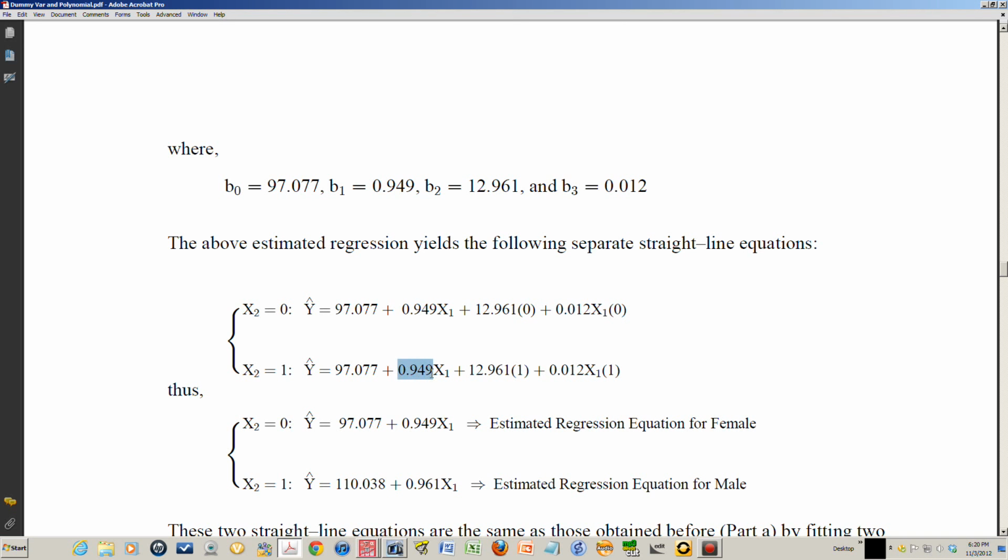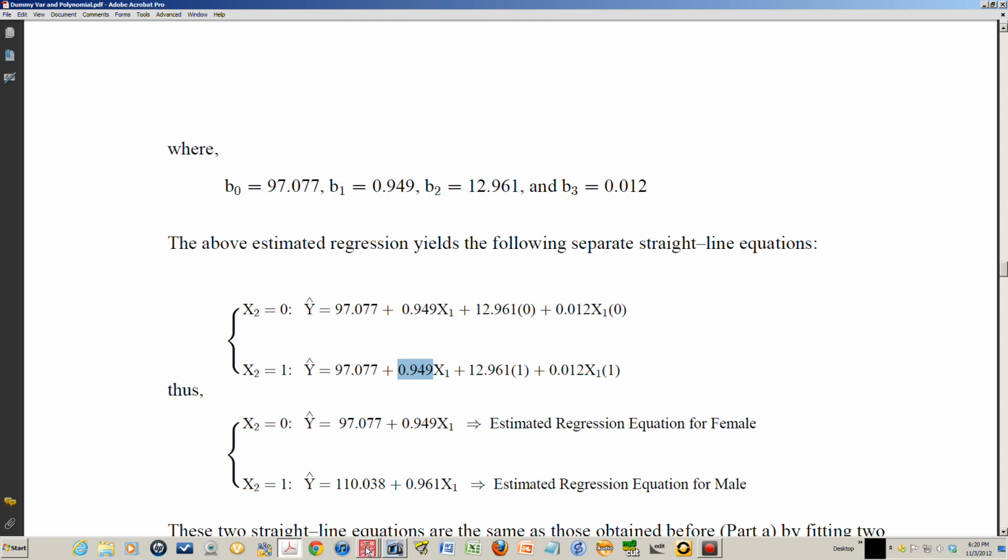And then 94.9 and this 0.012 together, I get 0.961. And these are exactly the same equations we found in the beginning of the lecture by SPSS twice. I was able to generate these two equations by just using gender as a dummy variable, and these two equations are a result of this single equation.